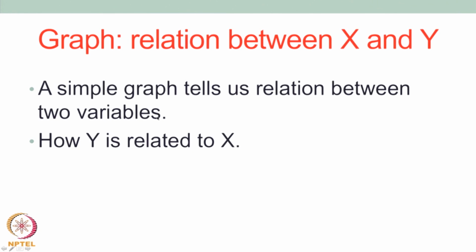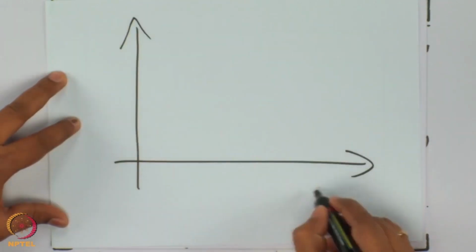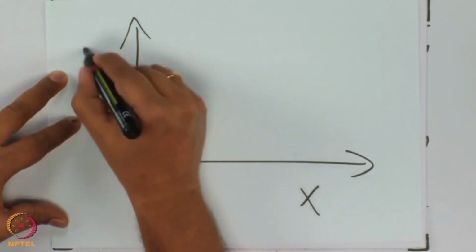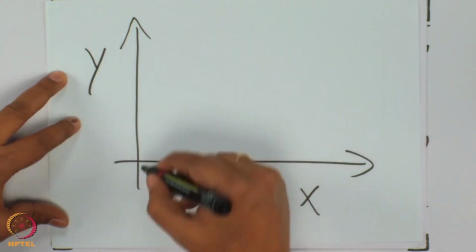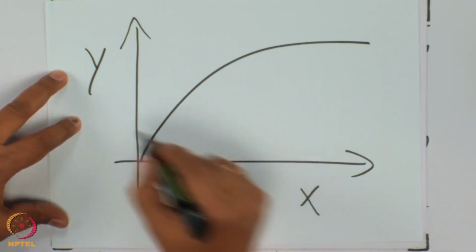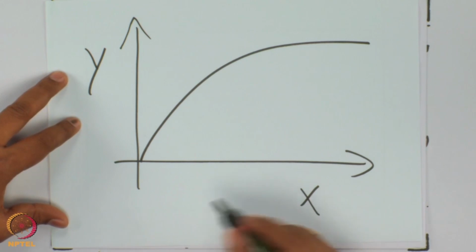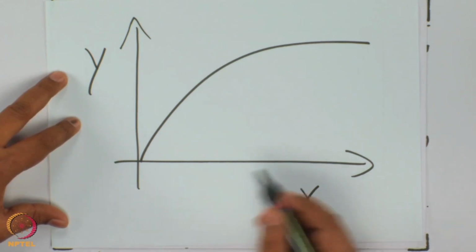If we look at any graph, there are various graphs of various shapes that we have, with some variable on the x-axis and a y-axis, and you can have various relations like some graph like this, and this tells how y changes as we vary x, right? There are many examples that we know, and we will discuss many examples as we go along.